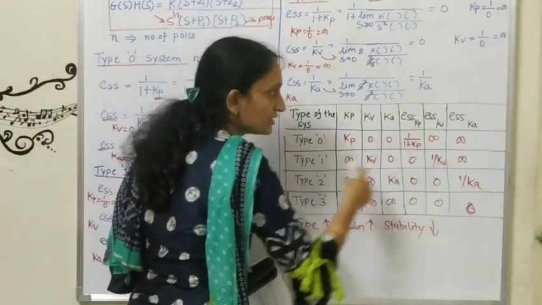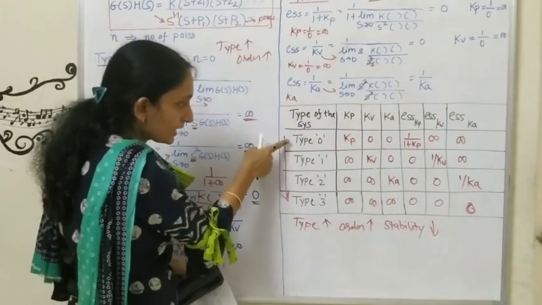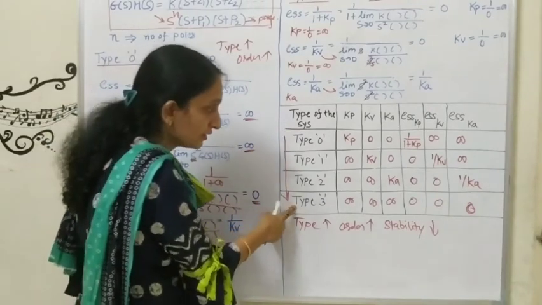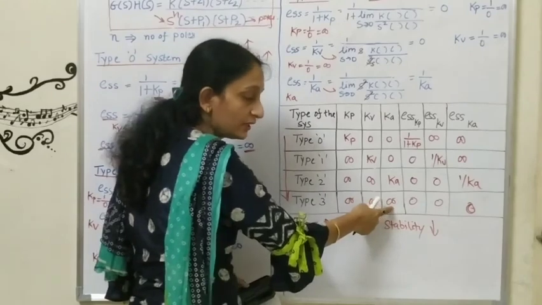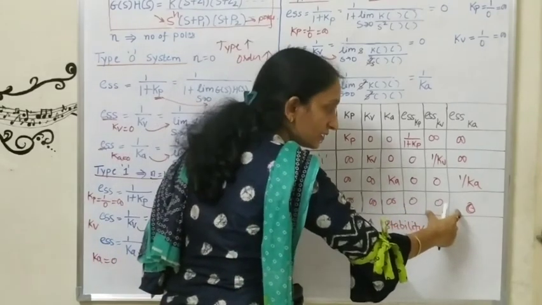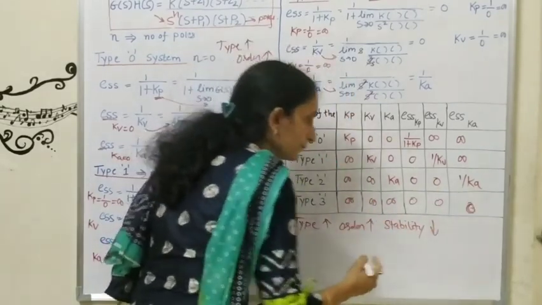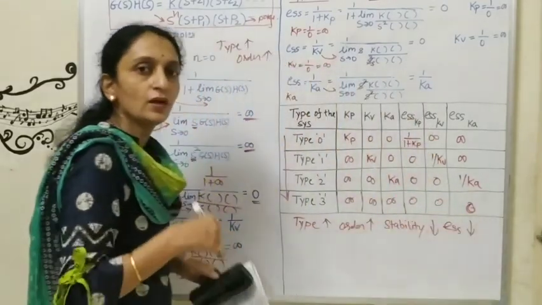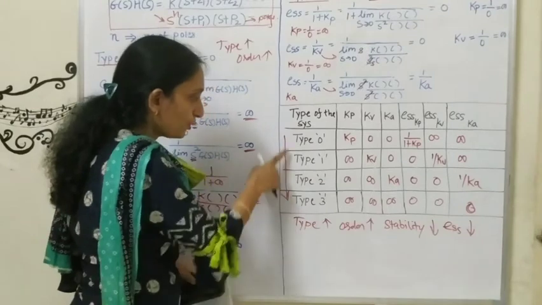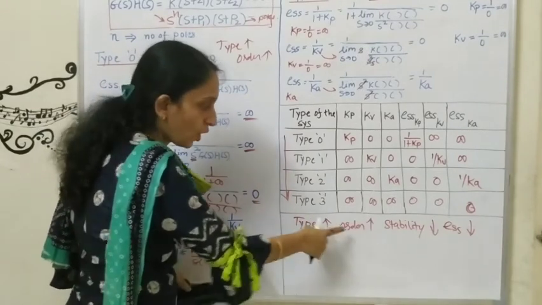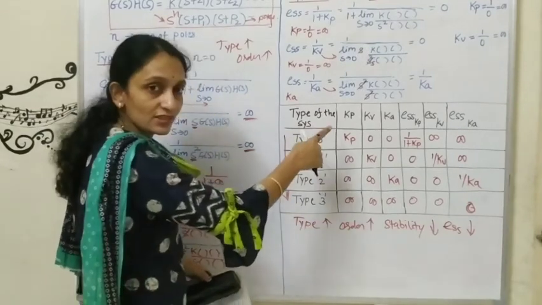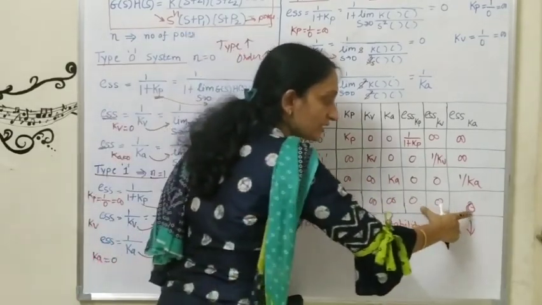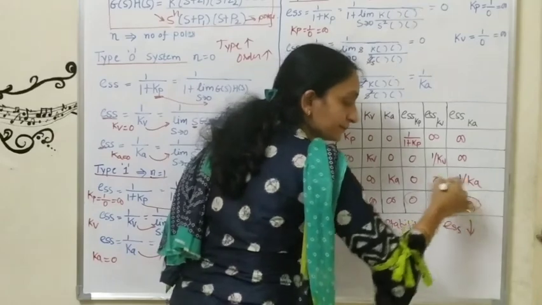But what about the steady state error? Look at this, if type of the system increases, you can check here in type 3 these constant values are infinity, but what about the steady state error? We are getting 0. So steady state error decreases. Again, as type of the system is increasing, order of the system is also increasing, so stability of the system is decreasing, but steady state error is decreasing.